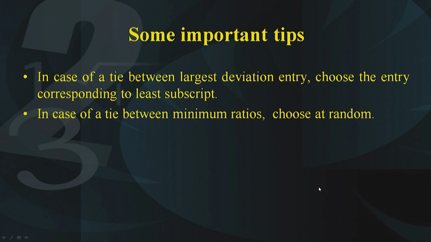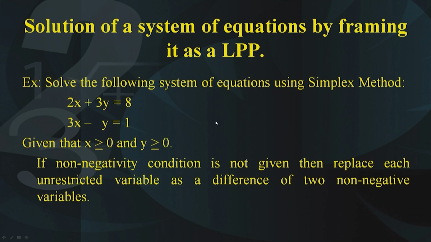The solution of an LPP can be used to solve many kinds of problems arising in mathematics. As an example, I am taking the solution of a system of equations, which we will formulate as an LPP, and then use the simplex method to solve this system of equations.